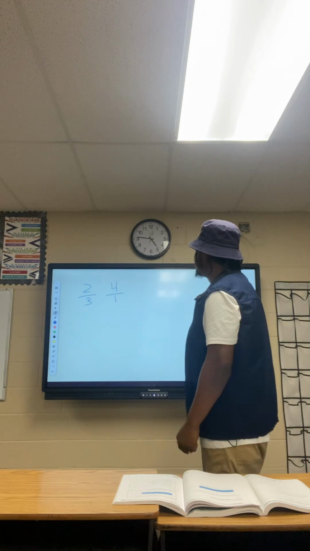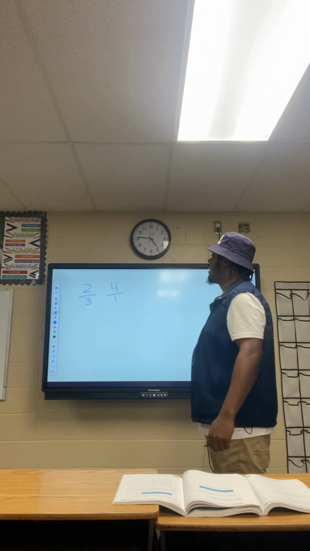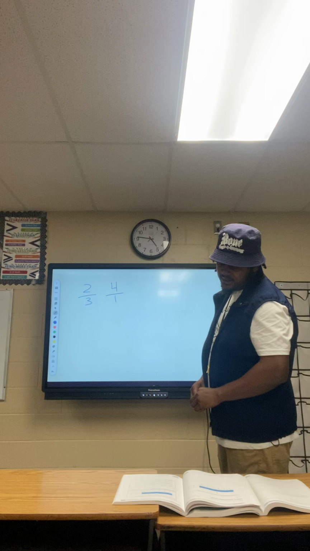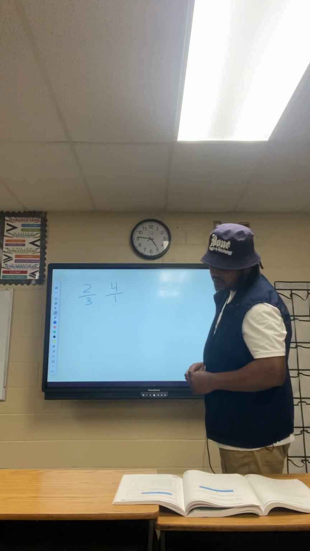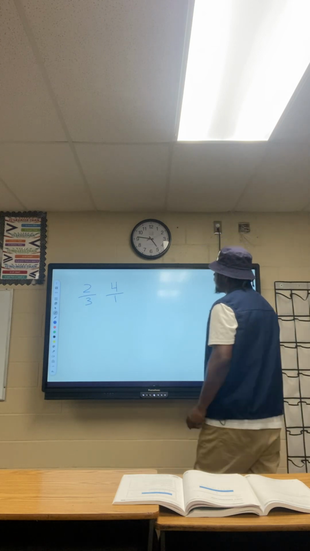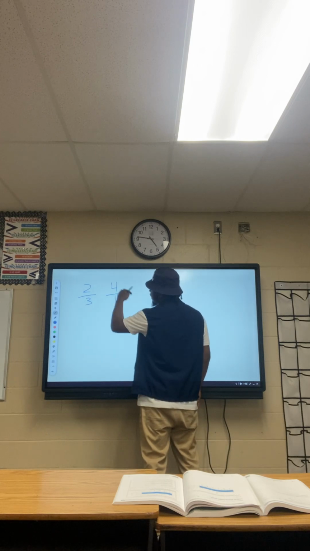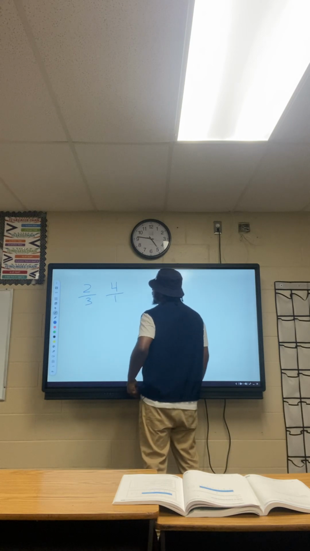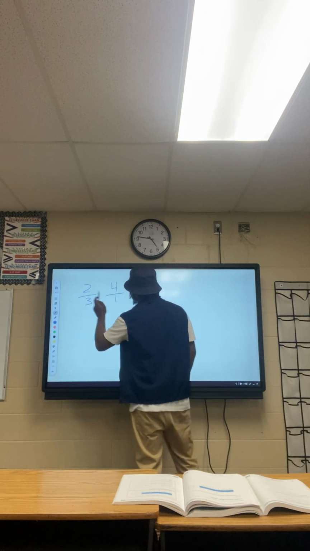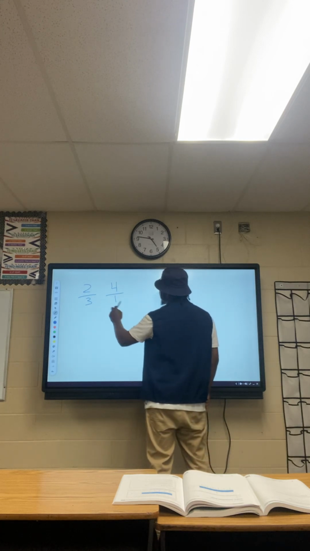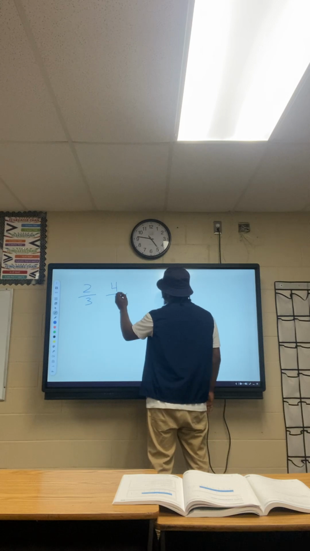But in this lesson, we have to make sure that our denominators are the same, okay? Our denominators must be the same. Whichever denominator is the bigger number, that's the one that we want to make the other fraction look like. So what do we need to do to this fraction in order to make it the same denominator? We need to multiply by 3. And whatever you do to the top, you do to the bottom.